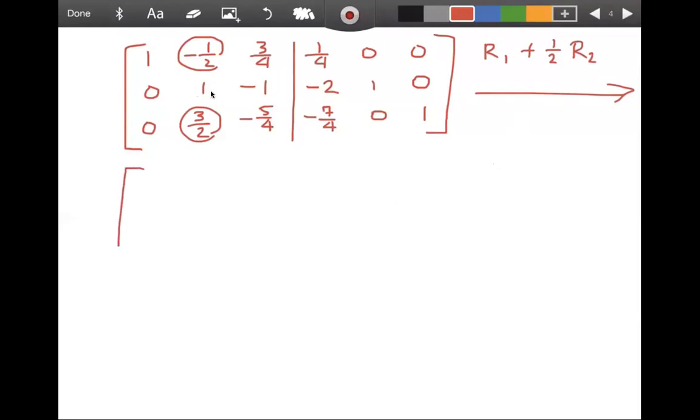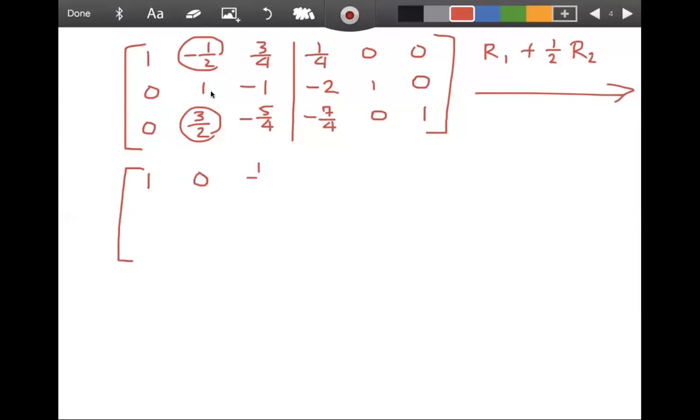All right, so let's see what our new row 1 is. 1 plus 1/2 times 0 is still 1. Negative 1/2 plus 1/2 times 1 is 0. That was the whole point. 3/4 plus 1/2 times negative 1 is 3/4 minus 1/2, which is 3/4 minus 2/4.